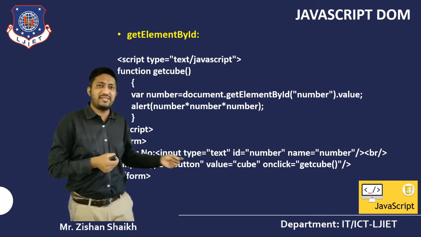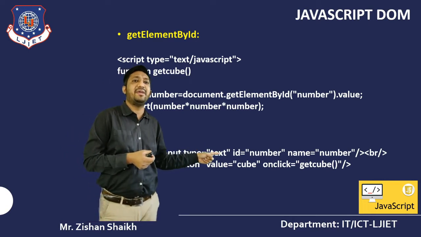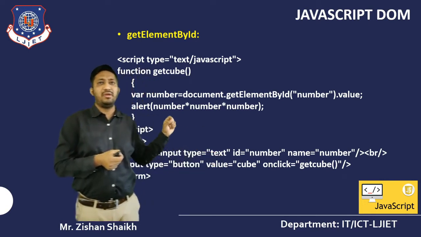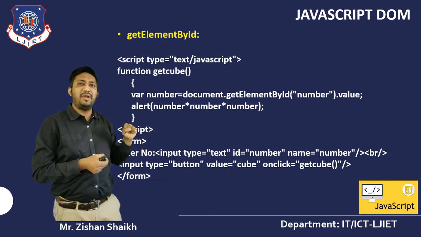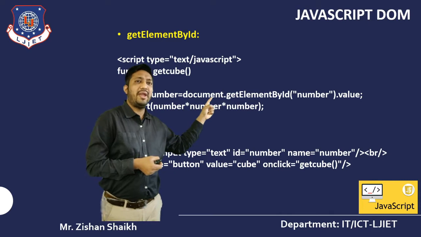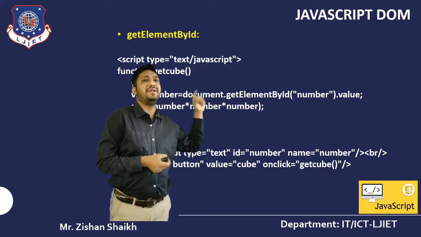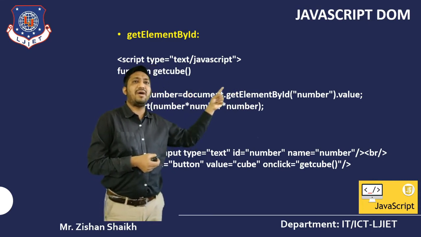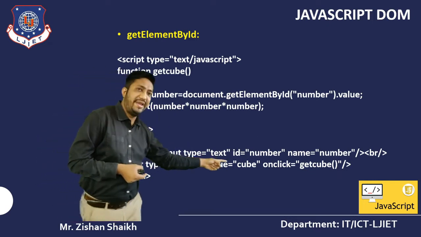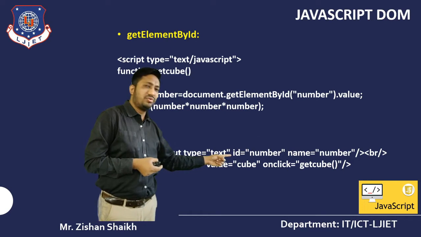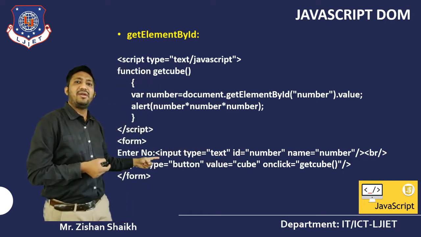For that uniqueness we are taking one ID here. The ID is number. So the script takes the value from your text field using document.getElementById. In the parameter of document.getElementById, we have to write the ID name, which was used during the generation of our text field.